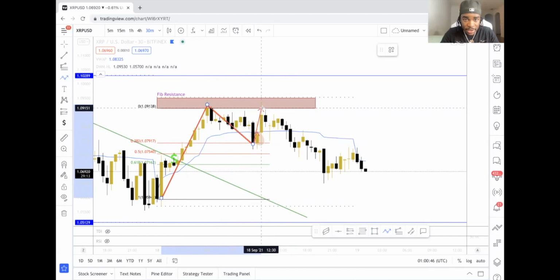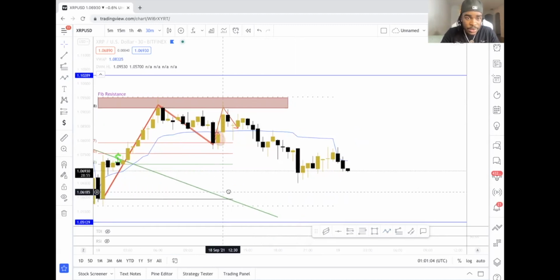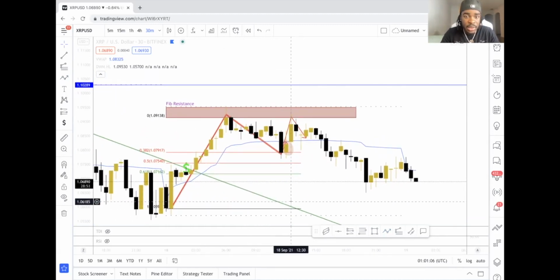We get that, then boom, price comes up here, but everybody's seen that it did not make a higher high, right? When we talk about fib retracements in uptrends, price has to make higher highs for it to be an uptrend.